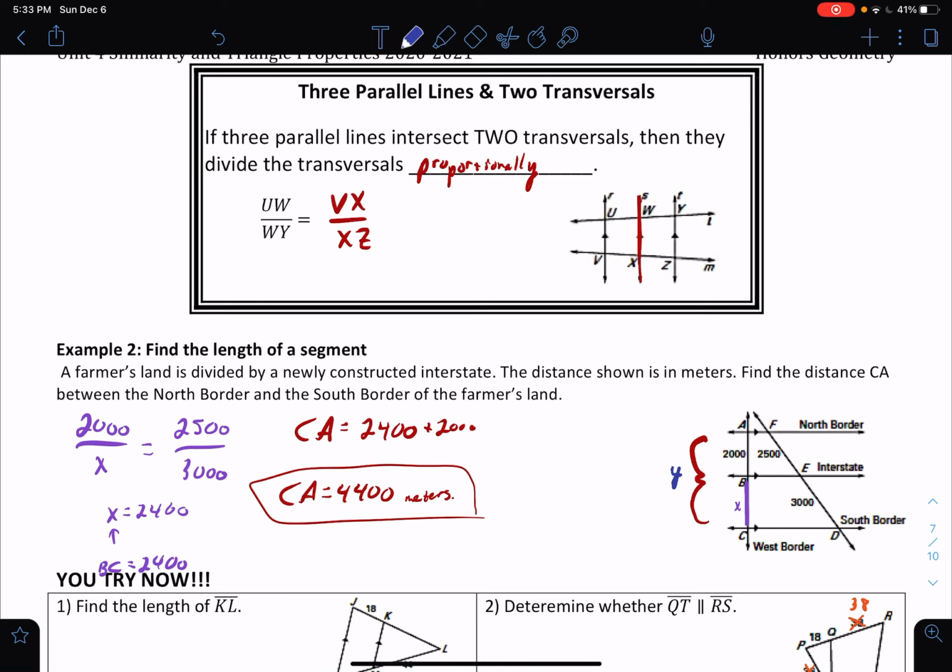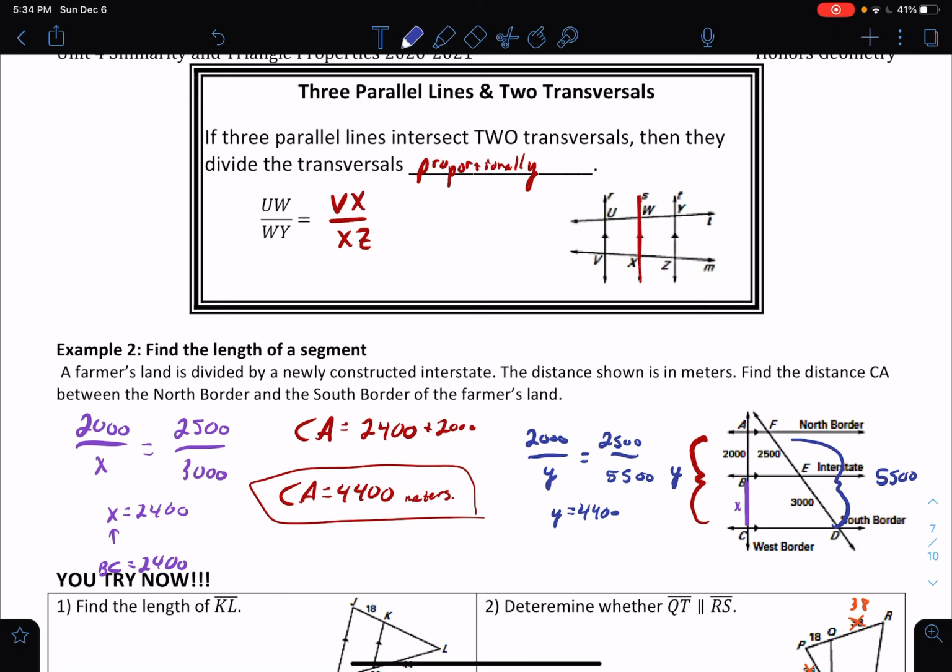Well, then we could do the top part over the whole of one transversal equals the top part over the whole of the other part. So if I cross multiply here, y is going to equal 4,400. So you're going to get the same exact answer. It's just your final answer. There's nothing else you have to do to it.